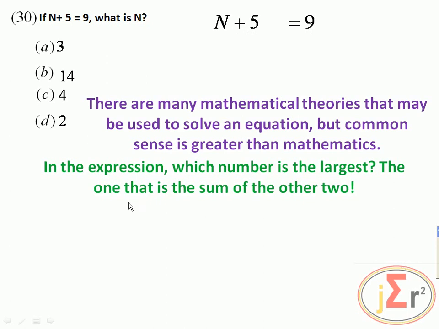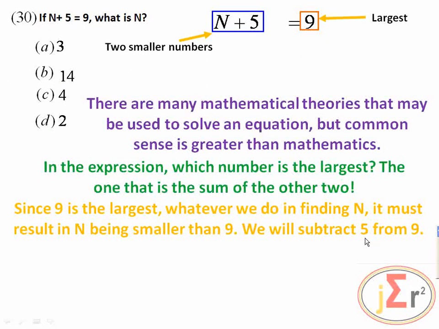Therefore, what do we know? 9 must be greater than n, or n must be smaller than 9. So when we find n, the result has to be smaller than 9. The one that is the sum of the other two has to be the largest.